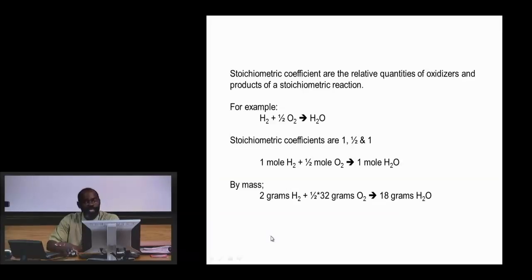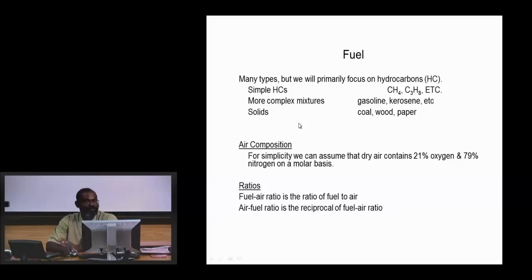Okay? And we can also talk about this system in terms of mass, because there's a mass conservation process that has to occur here. So we have 2 grams of hydrogen. We have 16, so 1/2 of this 32 is 16, so we have 16 grams of oxygen. So the 2 grams of hydrogen, 16 grams of oxygen give us this 18 grams of H2O.